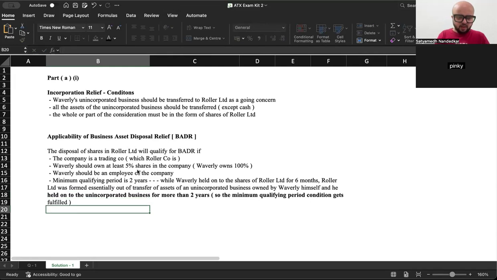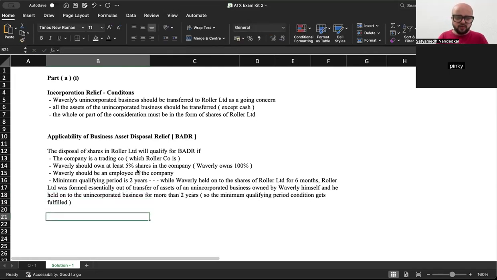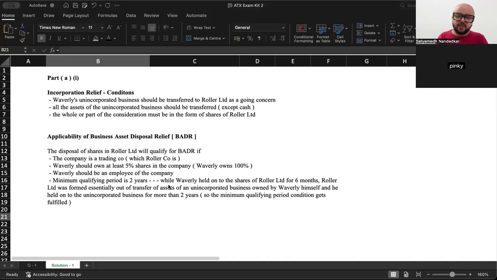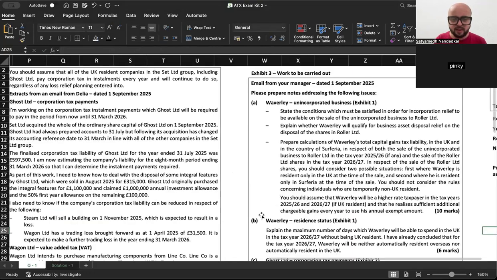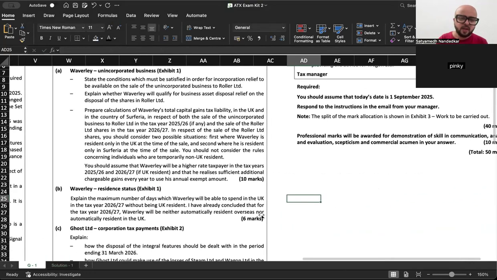So the disposal of shares will be eligible for business asset disposal relief. Here the minimum qualifying period condition is critical. For the rest, when you read the question you will realize it's apparent, nothing to be done there.